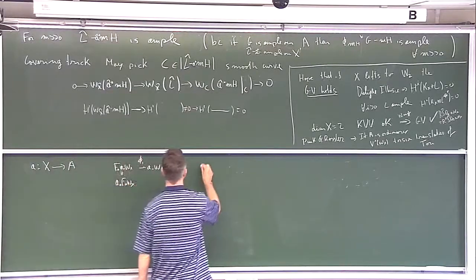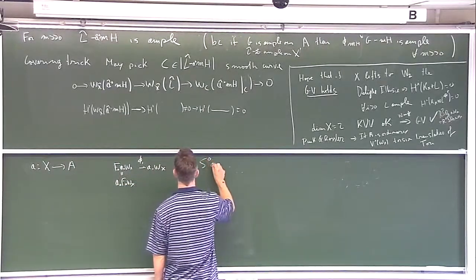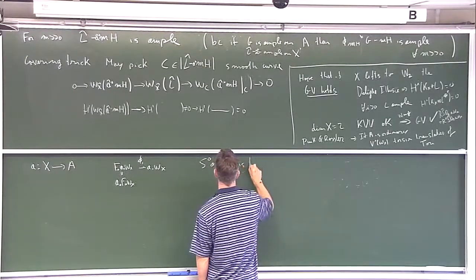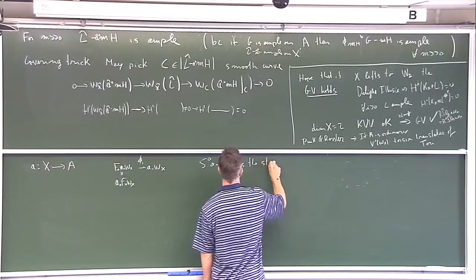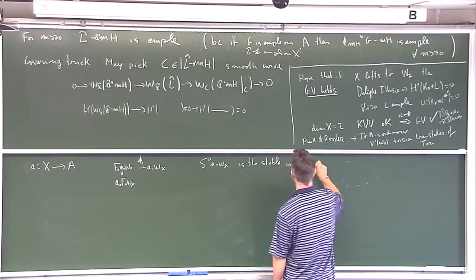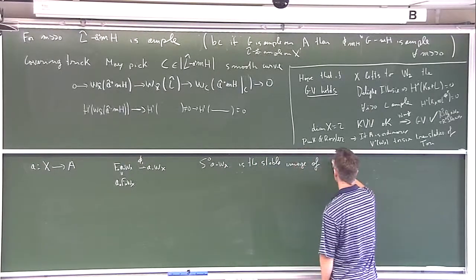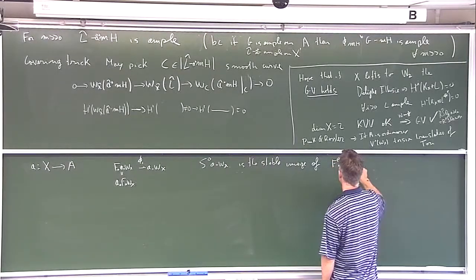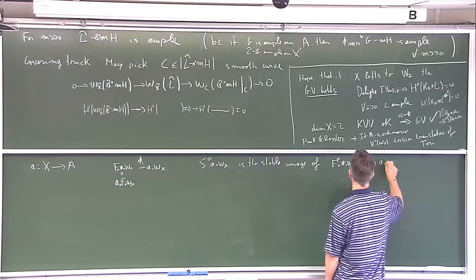So in this situation, S^0 a_* omega_X is the stable image of F^e_* a_* omega_X to a_* omega_X.